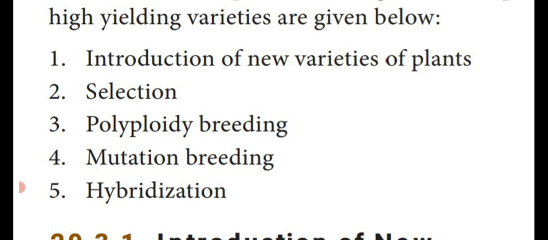Then hybridization. That means crossing two different varieties with different characters. We cross those parents and we get the newly formed character in the next generation. That process is known as hybridization.